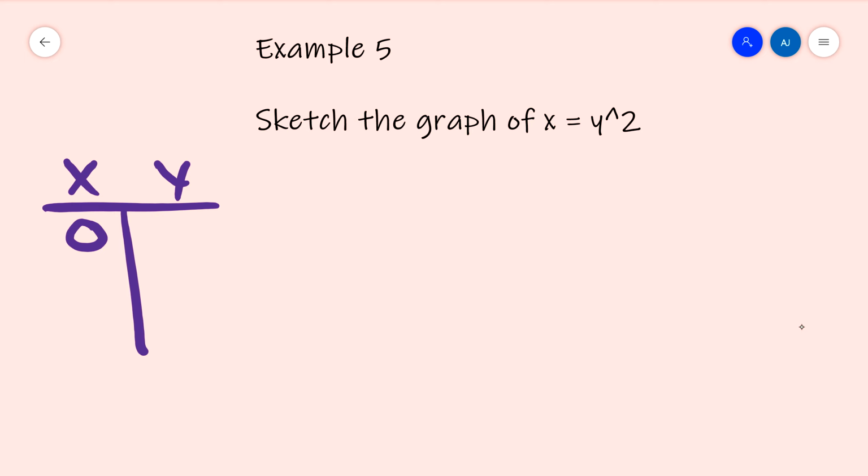So x is 0, 1, 4, 5. How about I do that? All right, so when x is 0, y is 0. When x is 1, y is 1.